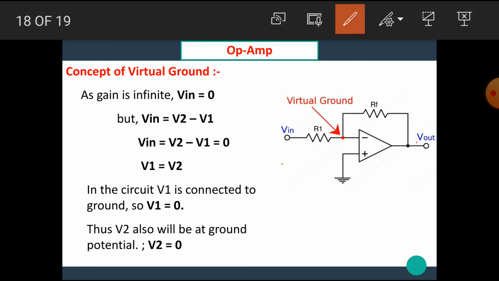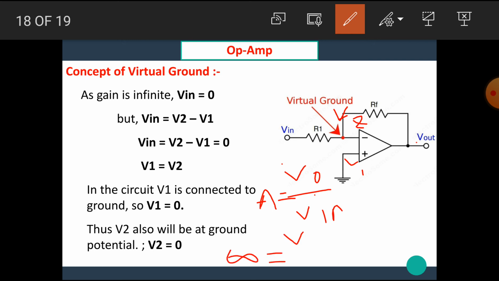Here let this be the V1 terminal and this be the V2 terminal. The gain of the amplifier A is equal to V0 upon V in, but the gain has the value infinity.